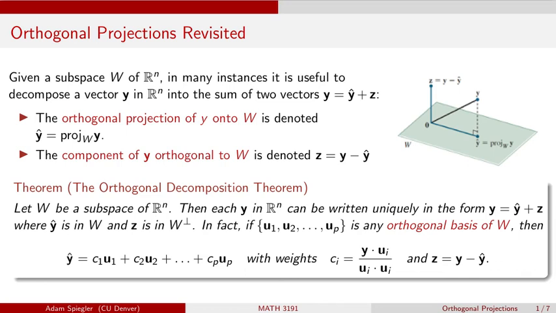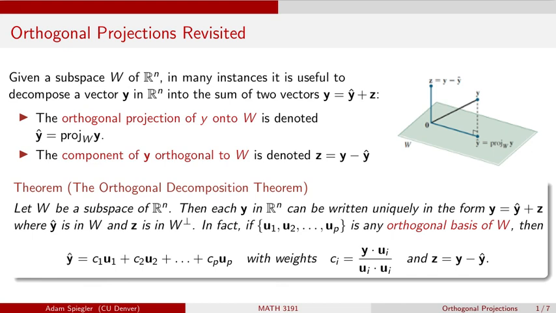We've also seen that if, in addition, we happen to choose an orthonormal basis, so each of these vectors has a magnitude of 1, has a length of 1, then this formula gets even simpler because these denominators are all going to equal 1. And in that case, the weights are just the inner product of y with ui.